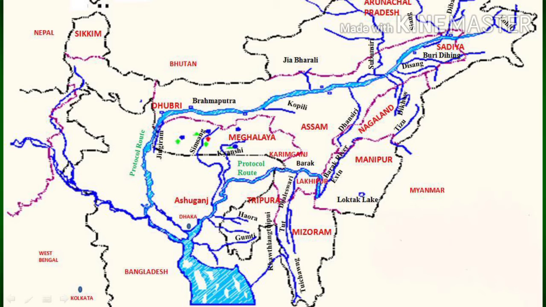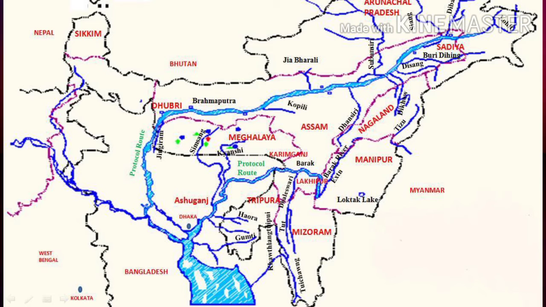It enters India west of Sadiya town in Arunachal Pradesh. The Brahmaputra receives numerous tributaries in its 750 km long journey through the Assam Valley.